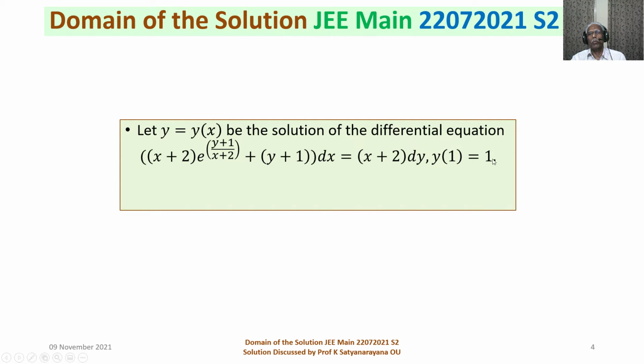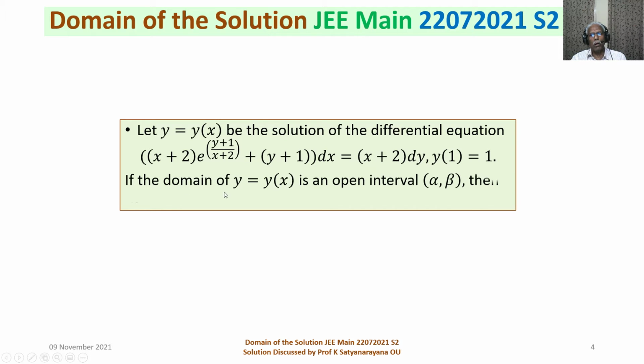That is, y = 1 when x = 1. If the domain of y = y(x), that is the domain of the solution, is an open interval (alpha, beta), then mod of alpha beta is equal to what?